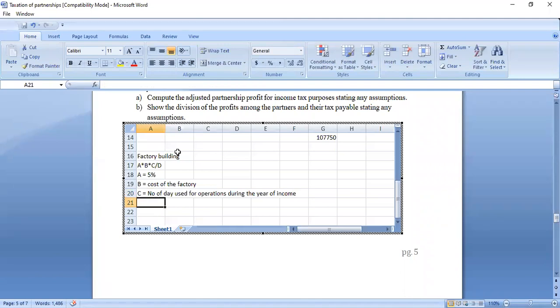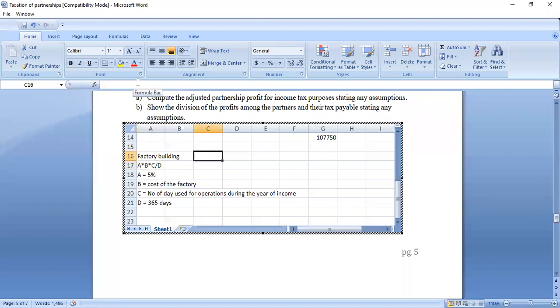Then D is the normal year of income. So I'll just put 65 days. Okay. So that's the formula for you. Just substitute and you're good to go. But this is on a condition that you have had this factory at least last year. Okay, so you just apply the formula.